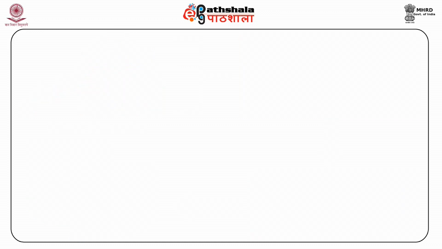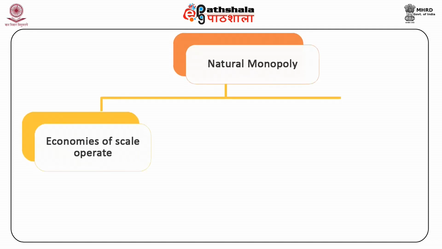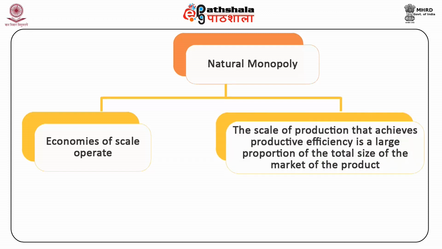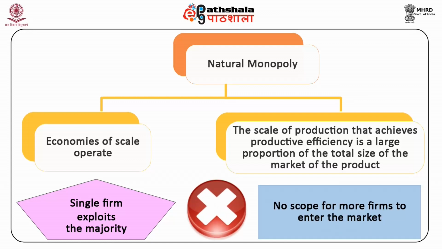As mentioned earlier, a natural monopoly exists when economies of scale operate, or when the scale of production that achieves productive efficiency is a large proportion of the total size of the market of the product. Hence, if a single firm exploits the majority of economies of scale available, then there is no scope for more firms to enter the market.